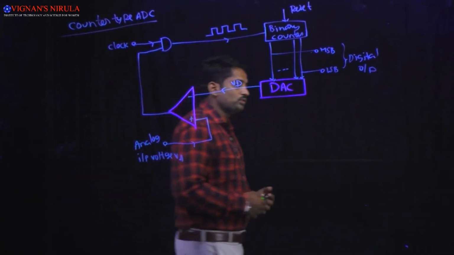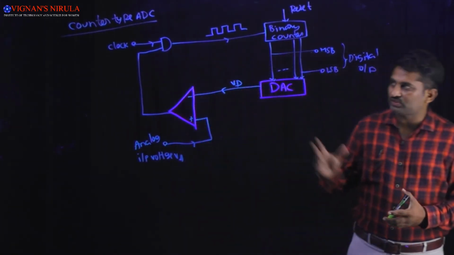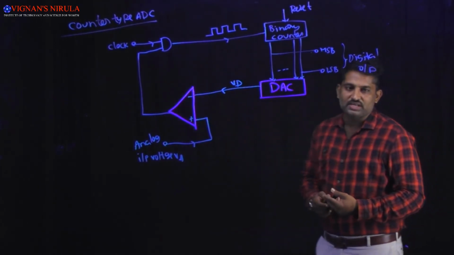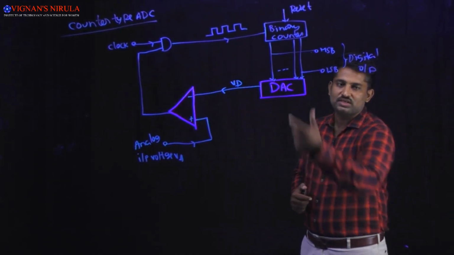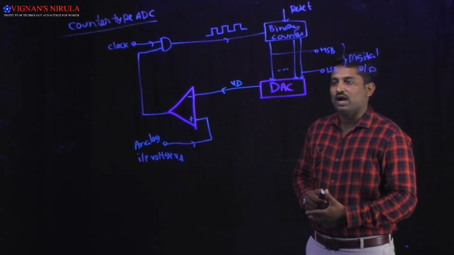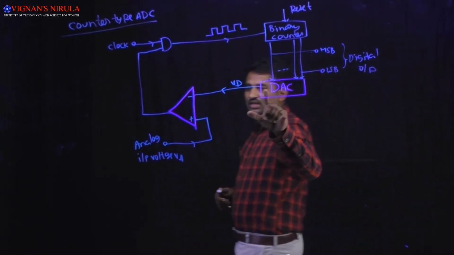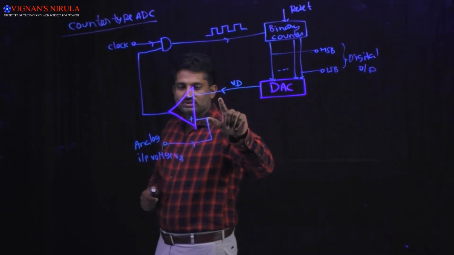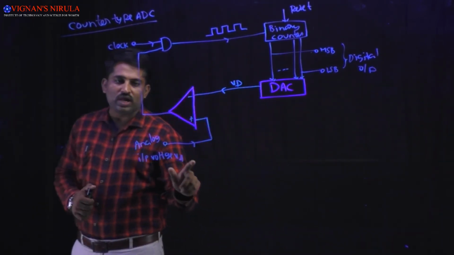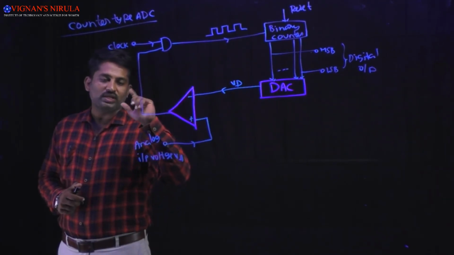Now I am going to explain the operation of the counter type ADC. This technique uses a DAC for the conversion, and the output of the DAC is continuously compared with the analog input voltage applied to the A to D converter.